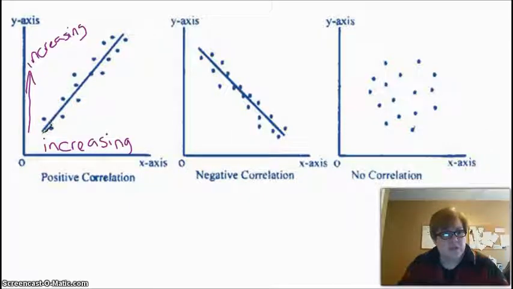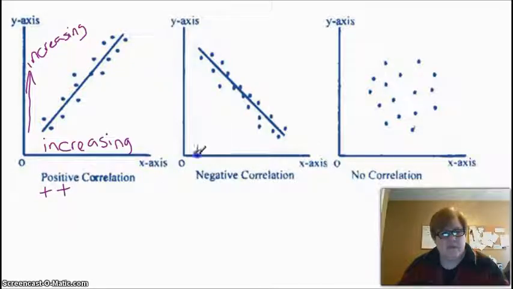That's what that line's showing. If it was a perfect correlation, they would match up. All the points would be on the line. But this is pretty close. So you can see as our points are generally increasing on the y as we go from left to right, that's what we call positive correlation. So I like to say we're increasing, we're adding, right, on both axes. So that's a plus plus.